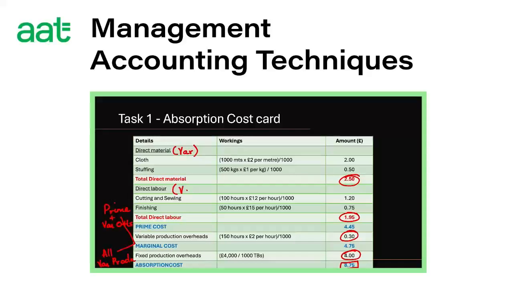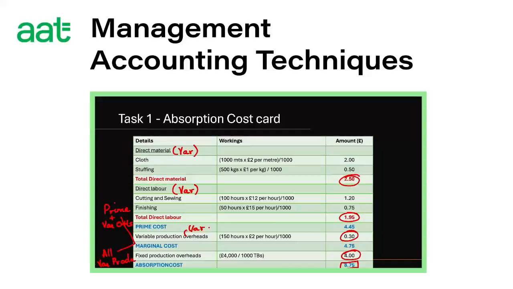Labor is also a variable cost because for every unit you make, you would incur the labor cost, the material cost, and variable production overheads. Of course, it is an overhead, but it is a variable cost. So marginal cost, in effect, is all variable production costs. Or you could look at it as prime cost plus variable overheads. Yes, spot on. Does that answer the question?